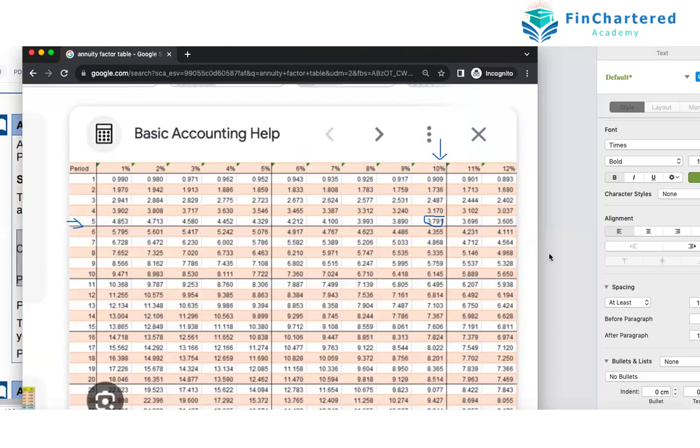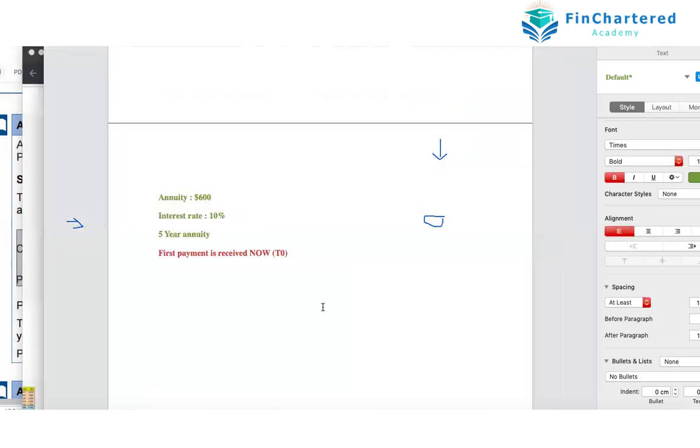Correct? But in this case, because it is a 5-year annuity and you're getting one amount now, at time one you get 600, in the second year you get 600, in the third year 600, and in the fourth year 600. Basically, the 5 years when you will get the amount are time 0, time 1, time 2, time 3, time 4.